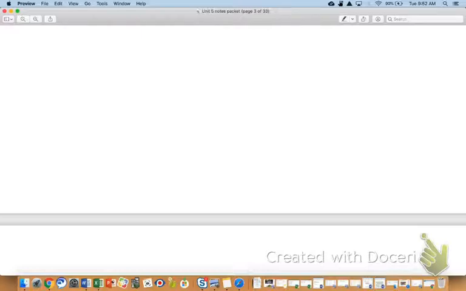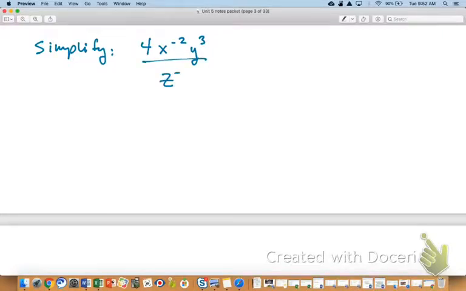If you saw something like this, the instructions were to simplify, and it was maybe like 4x to the negative 2 y to the third over z to the negative 4th.